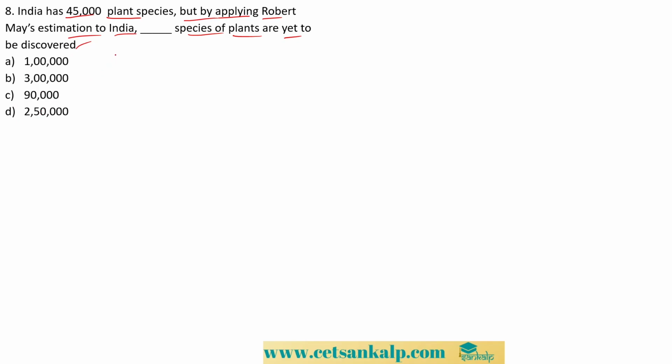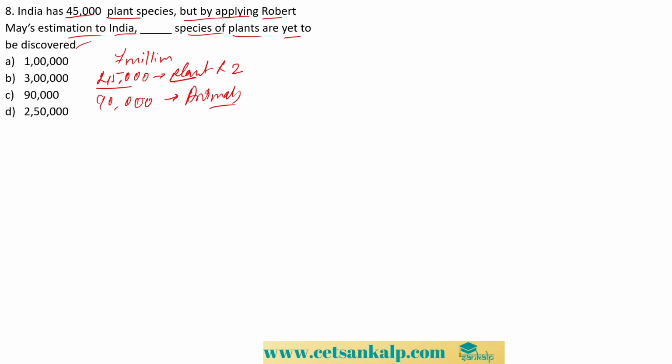According to Robert May, there may be around 7 million, and currently in our country there are around 45,000 plant species. And double of this, that is 90,000, of this we are actually having animals.